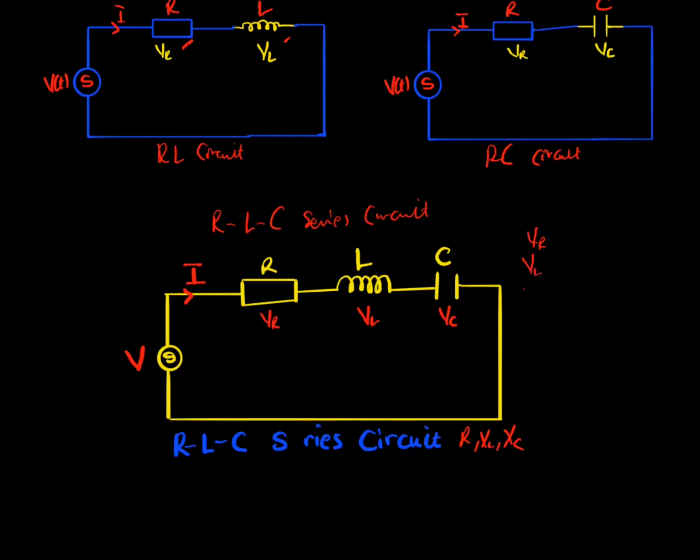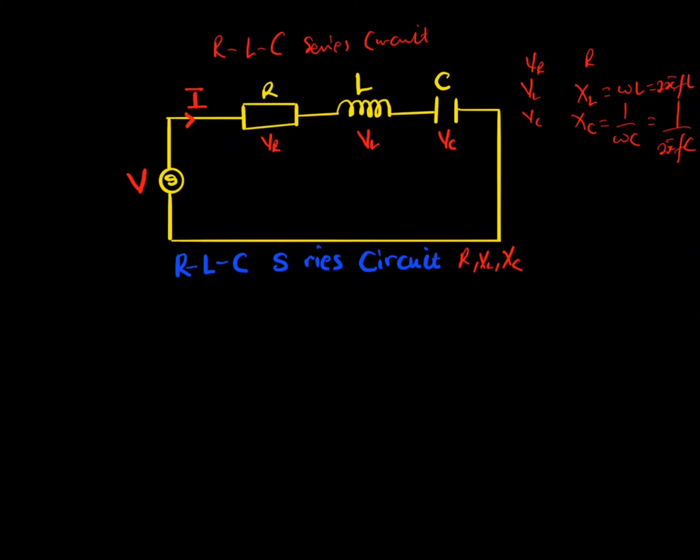For the inductor, VL, and VC for the capacitor, their resistance, and the reactance of the inductor and the reactance of the capacitor. Here, we find out that the reactance of the inductor is omega L, which is 2 pi f L, and the reactance of the capacitor is 1 over omega C, which is 1 over 2 pi f C. We will later derive all these formulas, and then we will understand them very well.